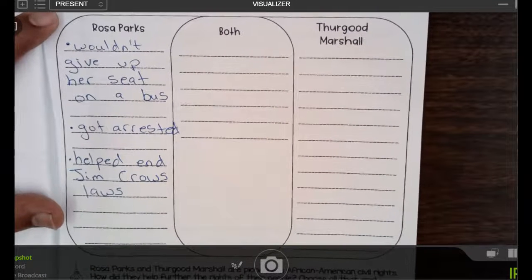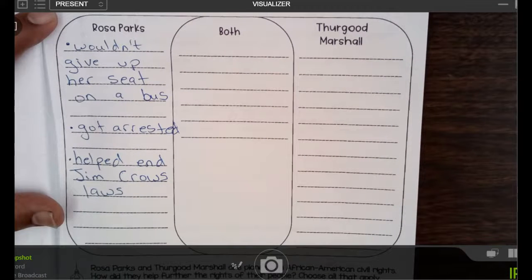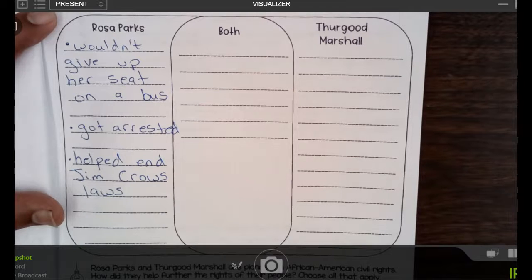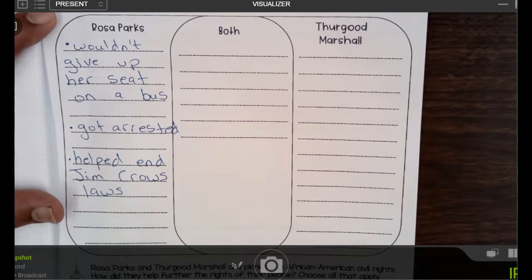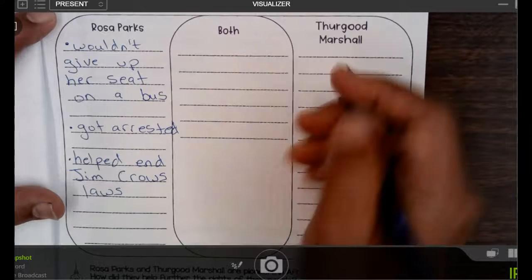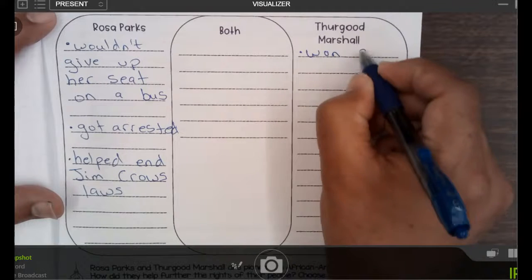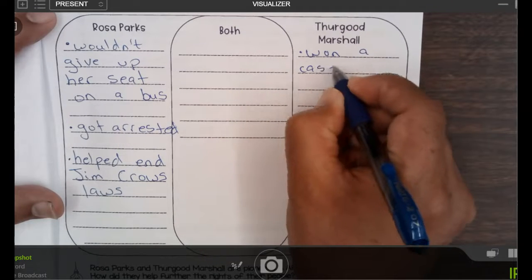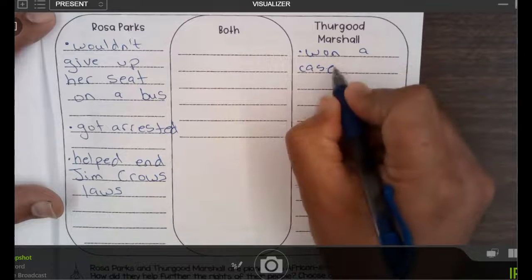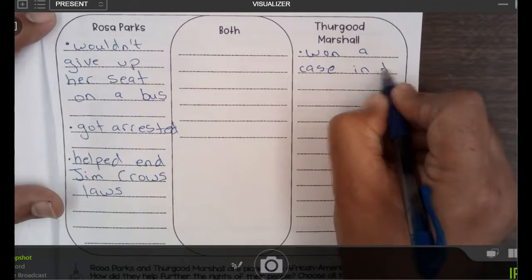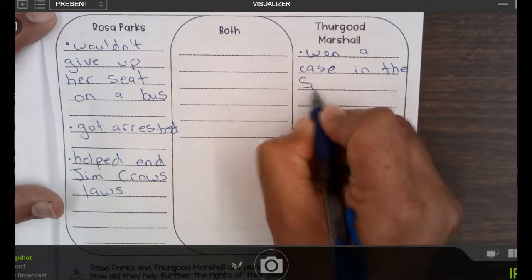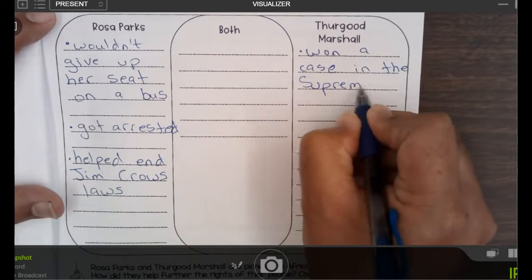For Thurgood Marshall, he won something. What did he win? A case, yeah. He won a case in the Supreme Court.